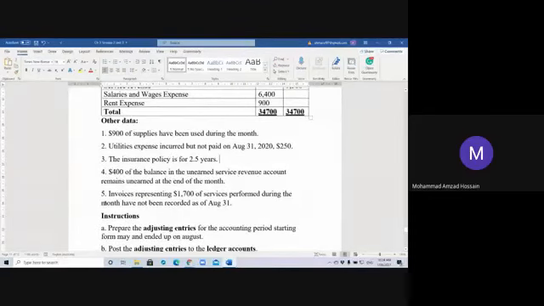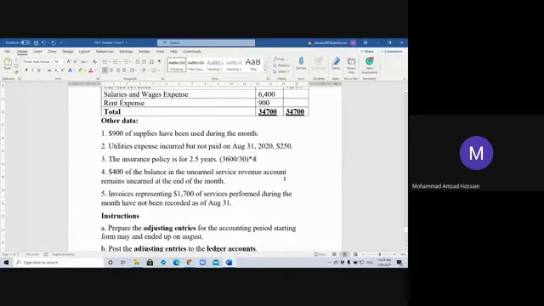Insurance expense debit, prepaid insurance credit.